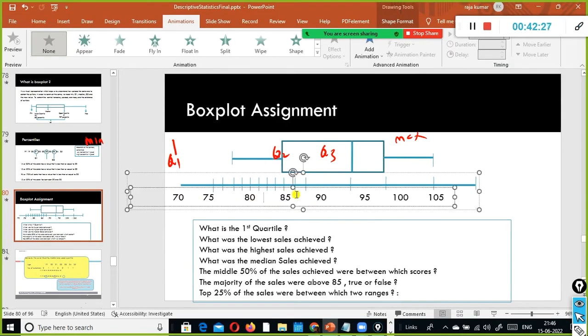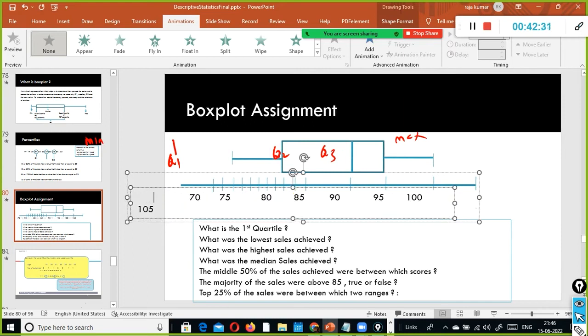105, and then ideally, I'll start like this. The minimum value is 70 here, just beneath this line. And then somewhere we need to put 77.5, right? I'll just put it like this. What is the median value? How many of you remember the median value? Here, 105 is missing.